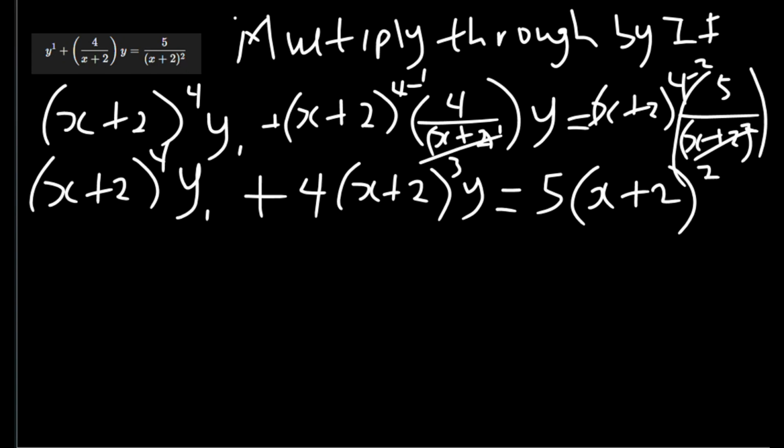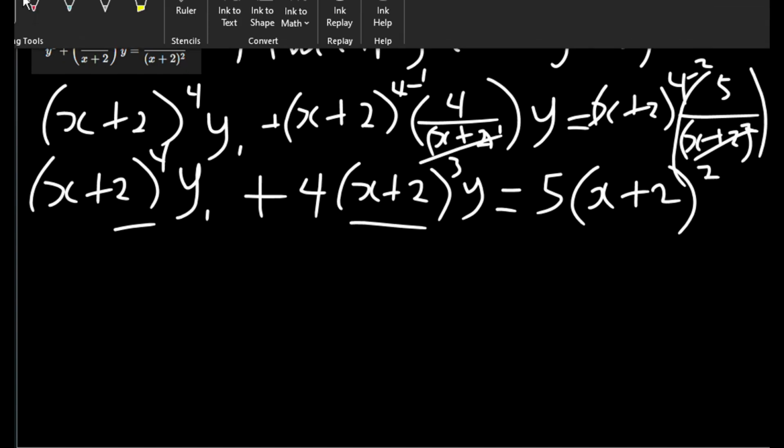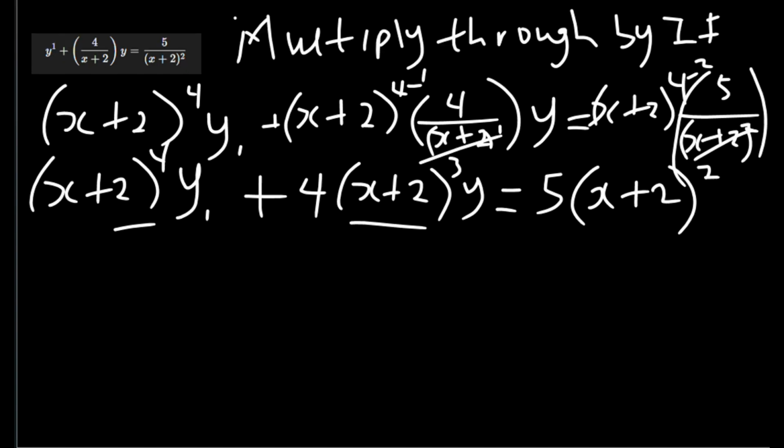At this point we can simply see that one is the derivative of the other. How? Let me prove this to you. We have x plus 2 to the power 4 y prime, and then we have 4 into bracket x plus 2 to the power 3 y. When we differentiate x plus 2 to the power 4, the 4 drops and you subtract 1 from the power.